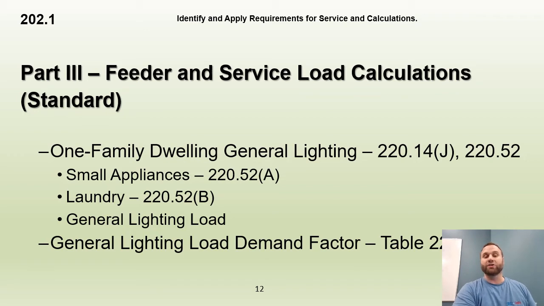And according to 210.11c as well, I'll have to double check my code reference on that, I'm required to have a laundry circuit as well. So that's 3 different circuits, 2 small appliances and 1 laundry, that I'm including into my general lighting load before I apply any type of demand factor to the load.